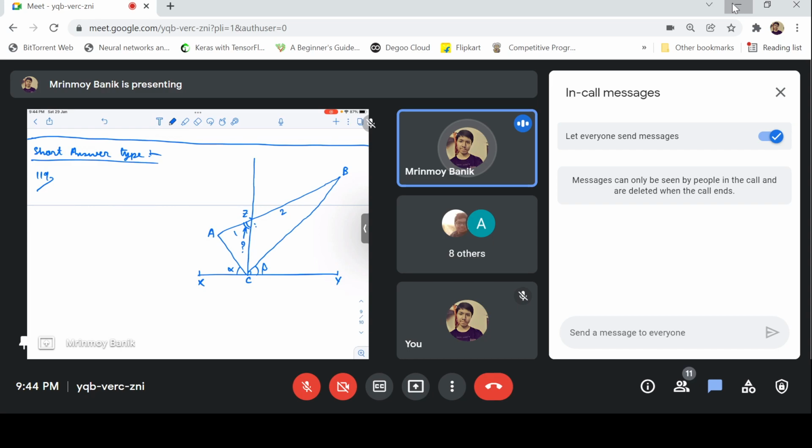And the last one is, given R1 equals R2 plus R3 plus R, show that triangle ABC is a right triangle.